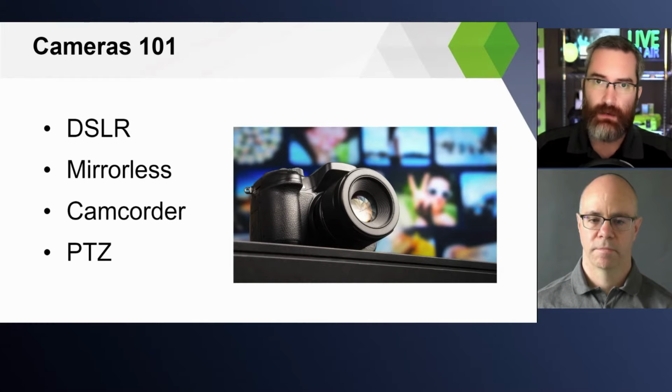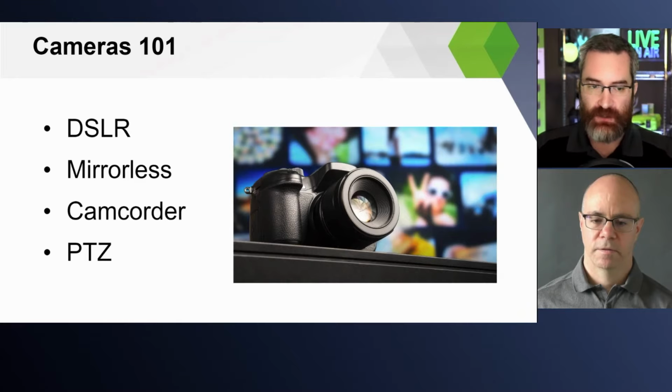Where getting some of the mirrorless stuff we've talked about, or even entry level camcorders for two, three, four, $500 is very easy. So that's another reason I would say those middle two, mirrorless and camcorder, are the ones you might want to consider at first. The DSLRs, Dave mentioned, they have these shutdown things.